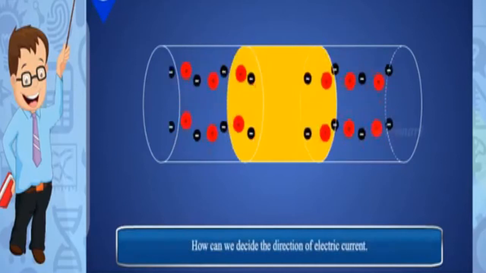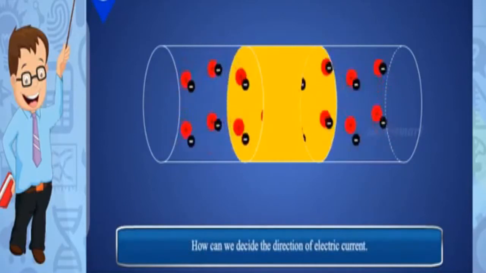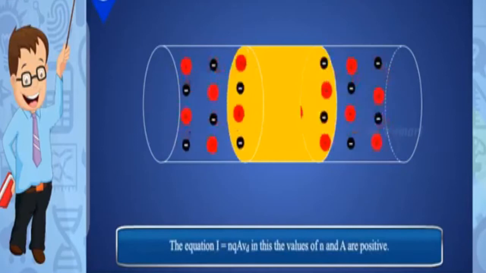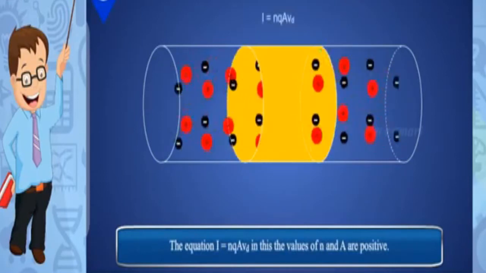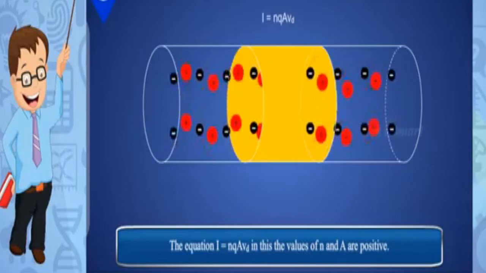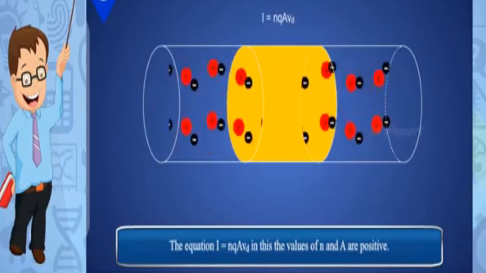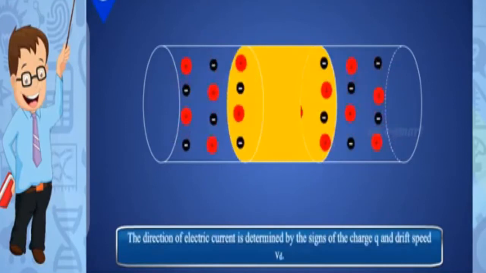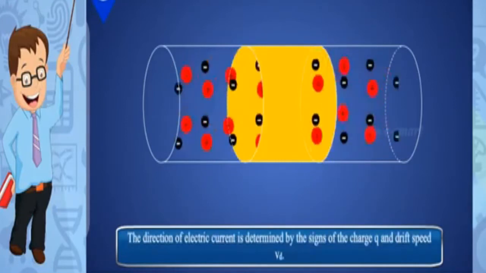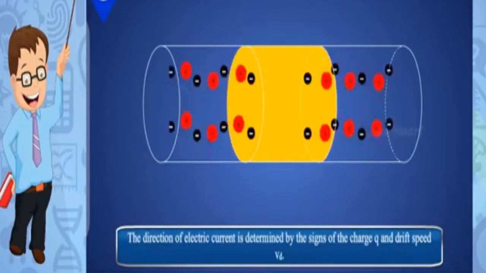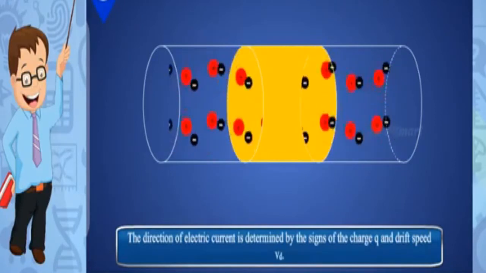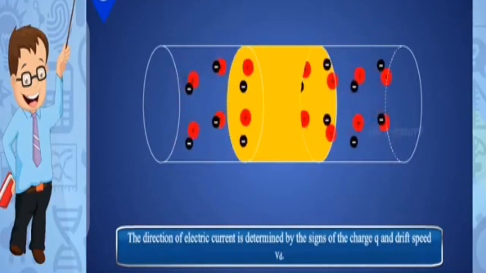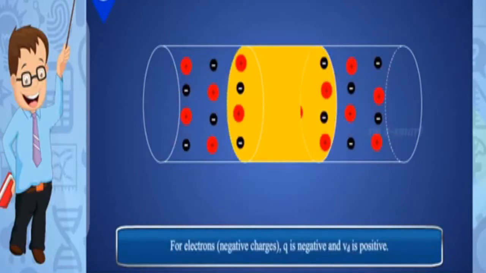How can we decide the direction of electric current? In the equation I equals N Q A Vd, the values of N and A are positive. The direction of electric current is determined by the signs of the charge Q and drift speed Vd. For electrons, that is negative charges, Q is negative and Vd is positive.